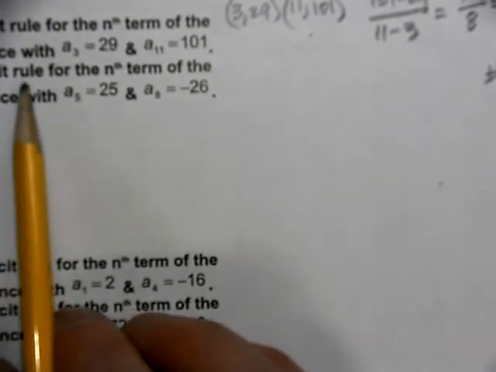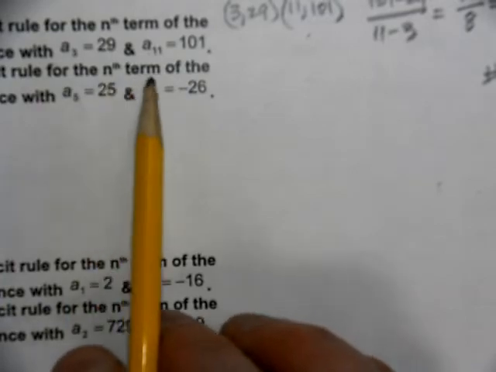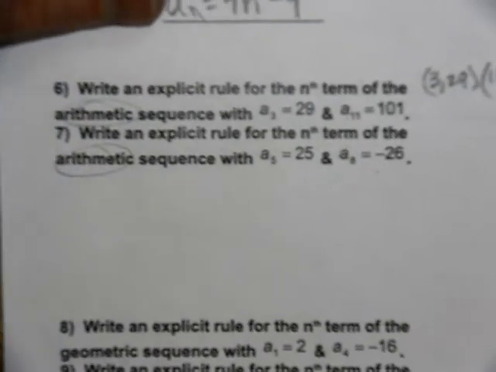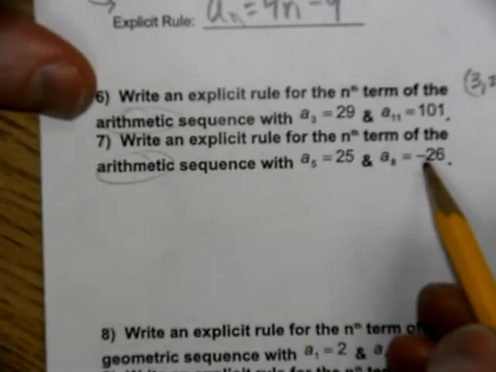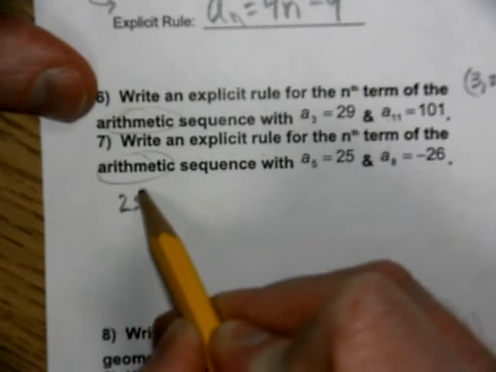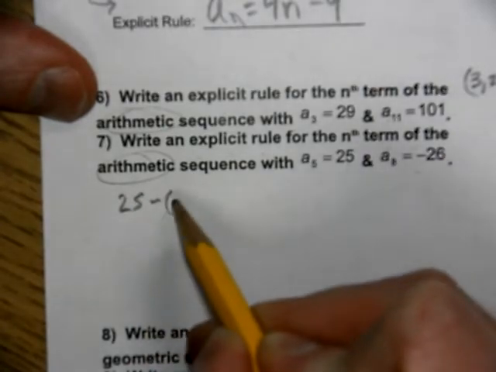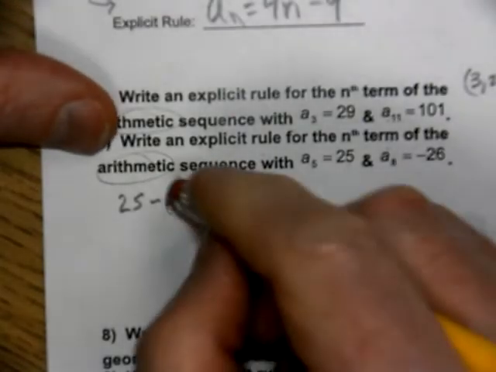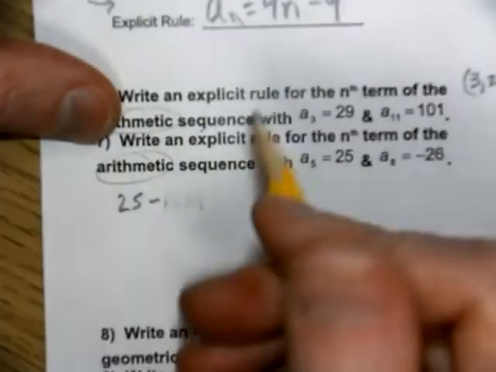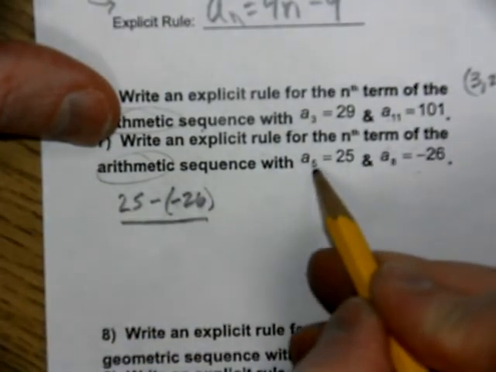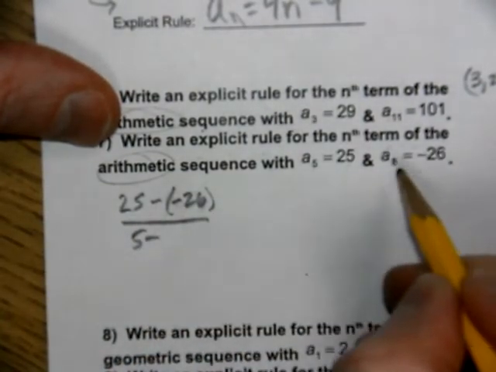Okay, write an explicit rule for the nth term of an arithmetic sequence when we're given 2 points. So just like before, we're going to take our y value minus our y value. Those are 2 negatives, make a positive. And our x value minus our x value.